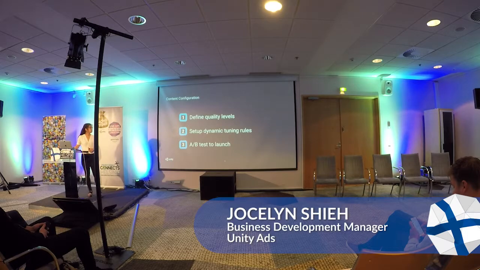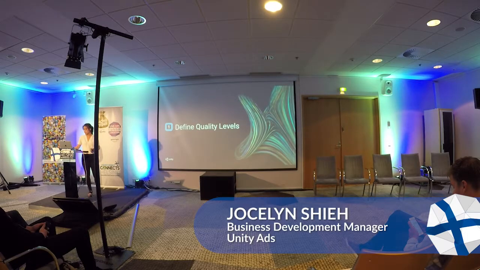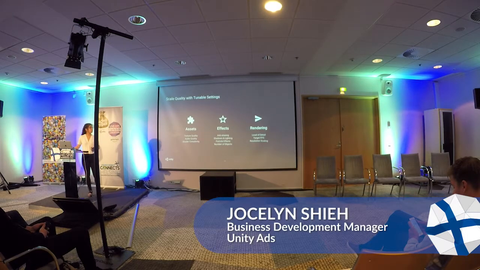So for the content configuration section, there's 3 parts to that one. The first part is defining the quality levels of your assets in the game. The second part is setting up the dynamic tuning rules. And the third part is creating an A/B test to launch this experiment. So quality levels. These are the quality levels that we support that you can configure in your game.